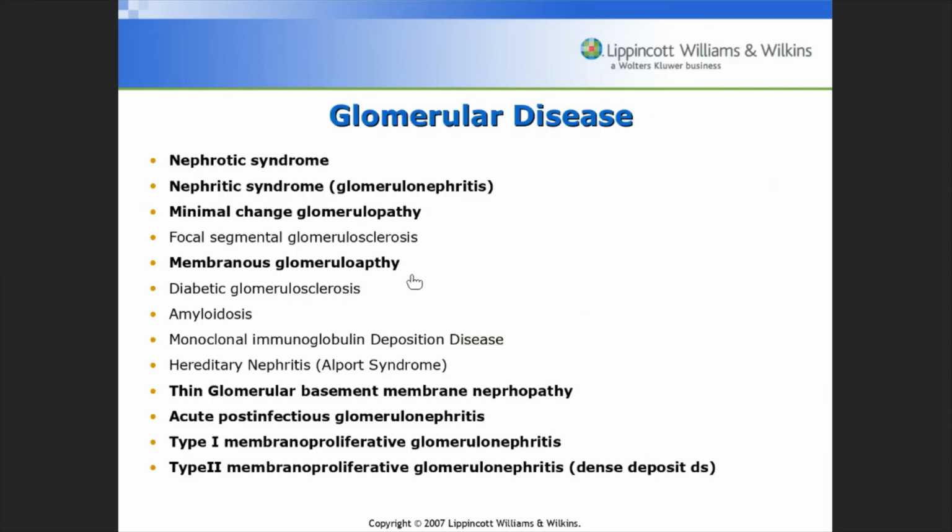Okay, before we take a break, I'm going to set it up so that you have to remember glomerular disease. The majority of the pathology associated with the kidney is due to the glomerulus. That's so critical. And glomerular disease, you can basically break down into two things: nephritic syndrome or nephrotic syndrome.